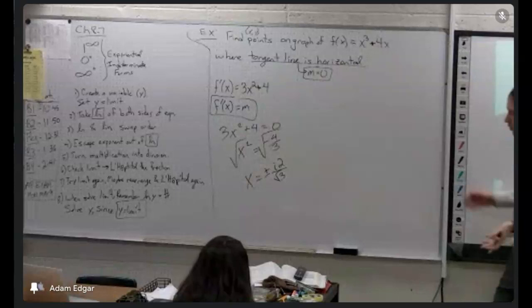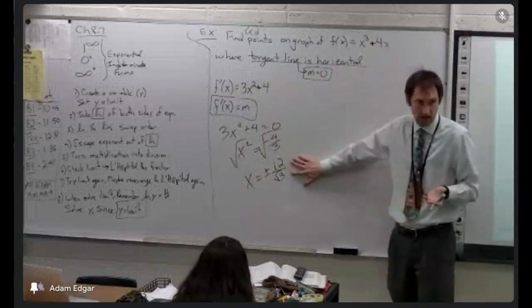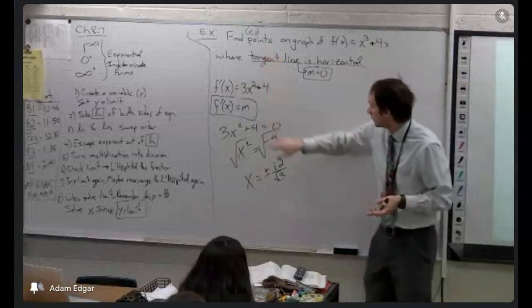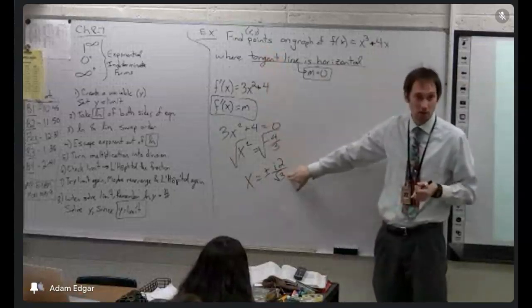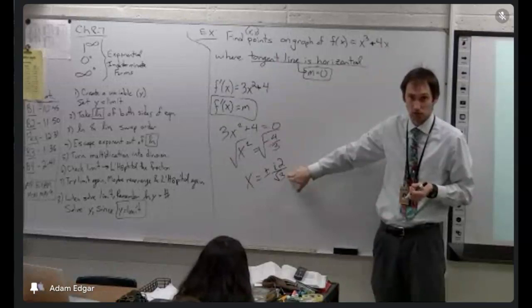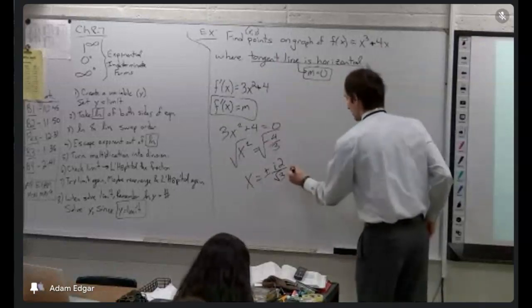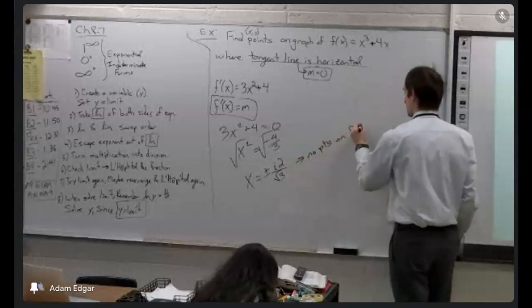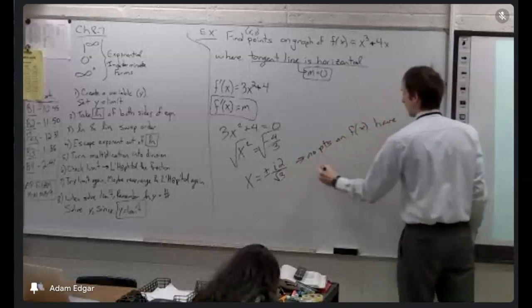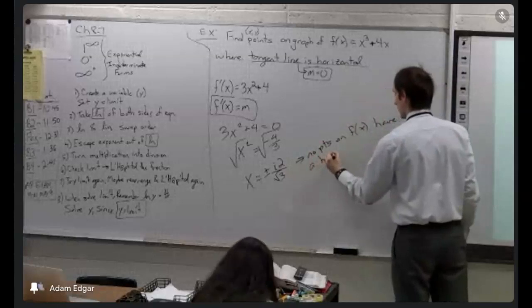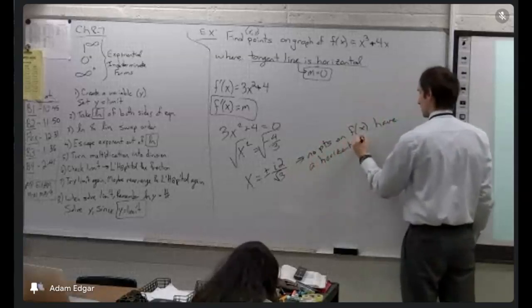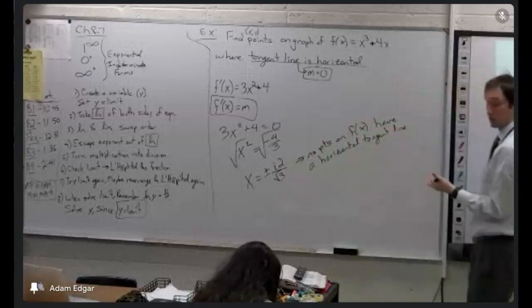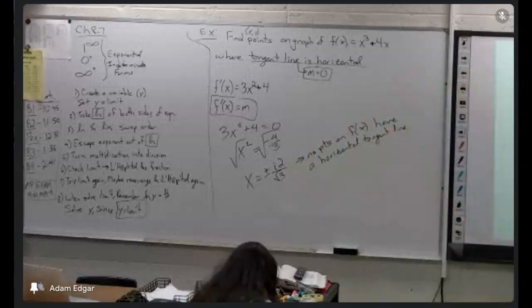Do we bother worrying about this then? No, because we want points on a graph. Can your points involve imaginary numbers on a graph of f of x? No. So this would mean no points on f of x have a horizontal tangent line, because the only solutions for x where you have a horizontal tangent line are imaginary.